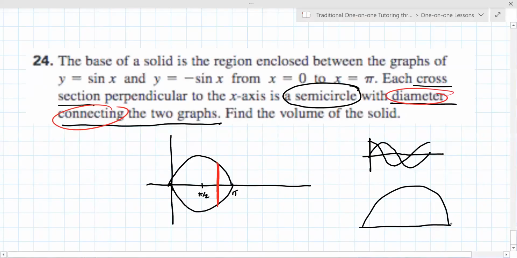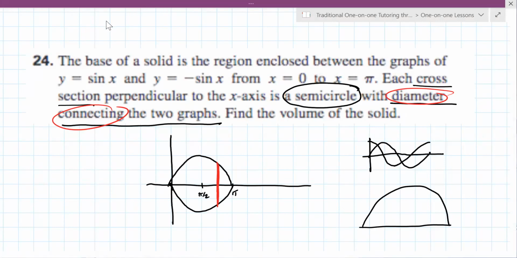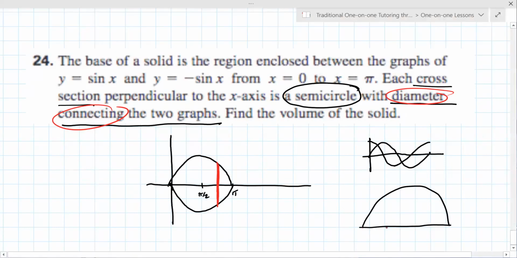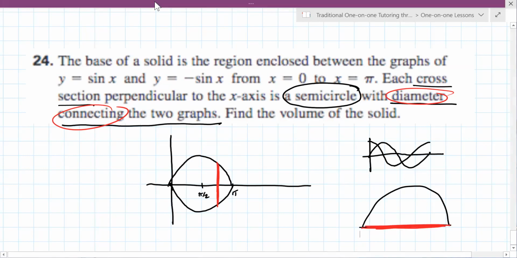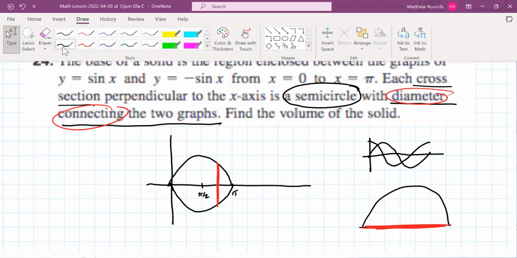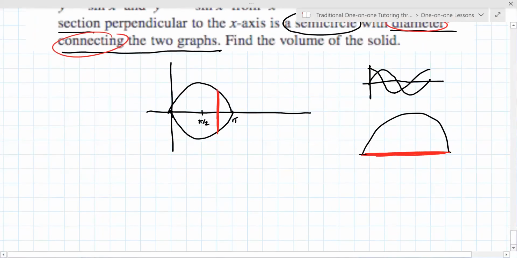The red is the diameter here, and we need to find the area of the semicircle. This top minus bottom is sine x minus negative sine x, so it becomes 2 sine x. And so the radius, which is what we really care about, is 2 sine x divided by 2.